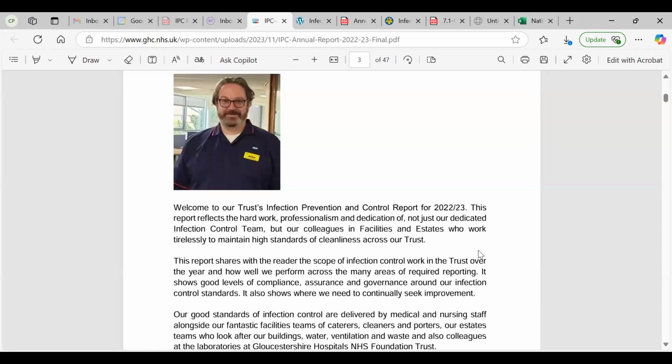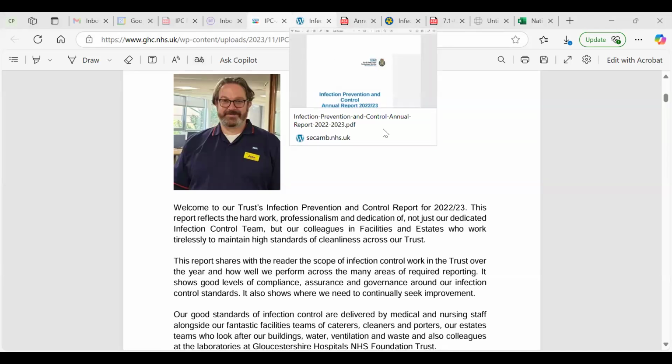I'm not going to go through all the pages here because there's a lot of pages. These are on your links in the presentation, so you will be able to go to this and have a look and see if there's anything you would like to take from it.